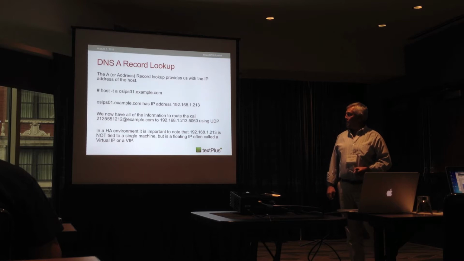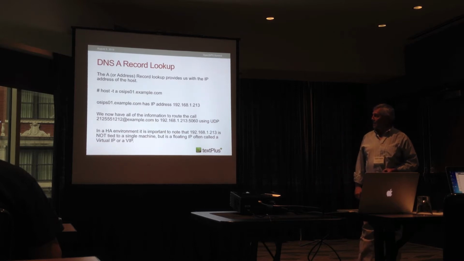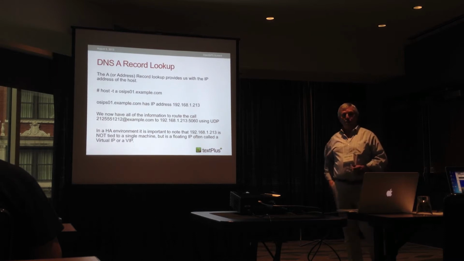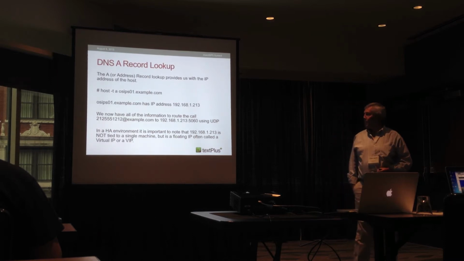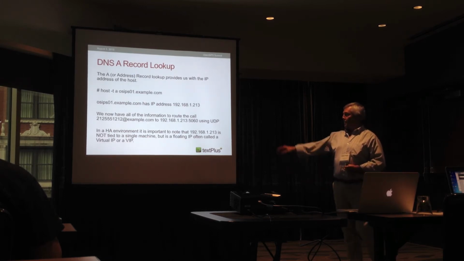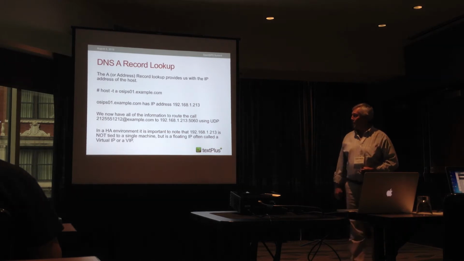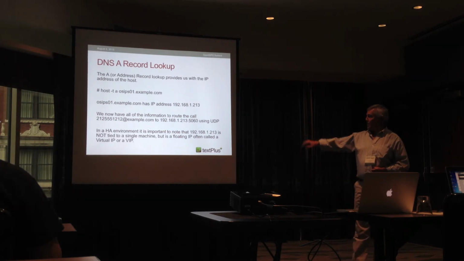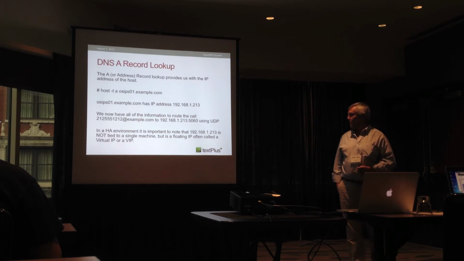So our OSIPS01 example has an IP address of 192.168.1.213. We now have all the info that we need to route that call. We know that the Manhattan information number is going to this IP address at 5060 using UDP.